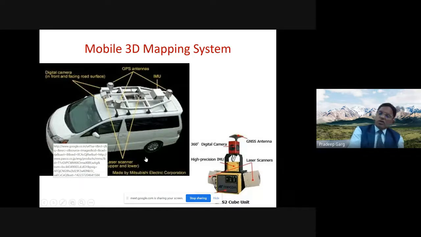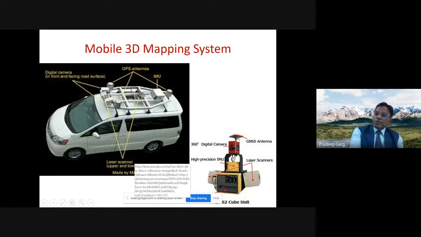But when we are talking about images and pictures, there is a latest innovation in camera technology. And that latest innovation, as you can see here, is the 360-degree camera. If you see the right slide, the words 360-degree digital camera are written. And these 360-degree digital cameras are available not only for technical work, but also for normal photography.